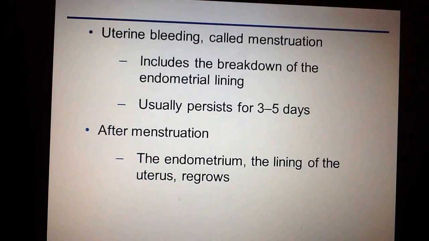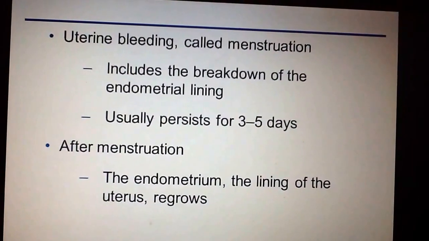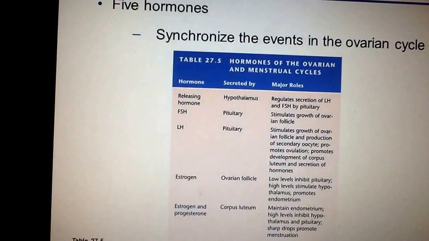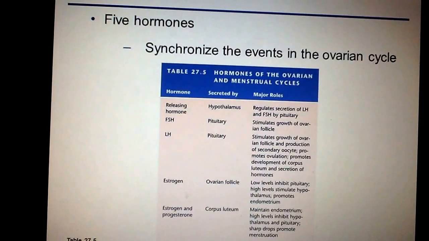After the menstruation is done, so after that endometrial lining is broken down and released from the body, what happens is that it begins to regrow in preparation for implantation once again. In order for this kind of ovarian or menstruation cycle to occur, we have 5 hormones that play a role. Follicle-stimulating hormone, luteinizing hormone, and both of those are coming from the brain.